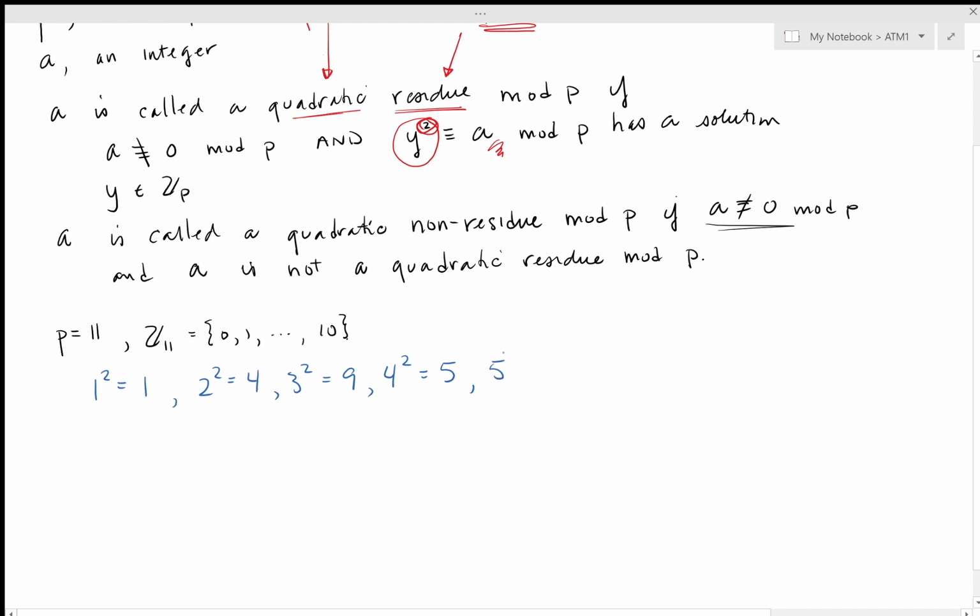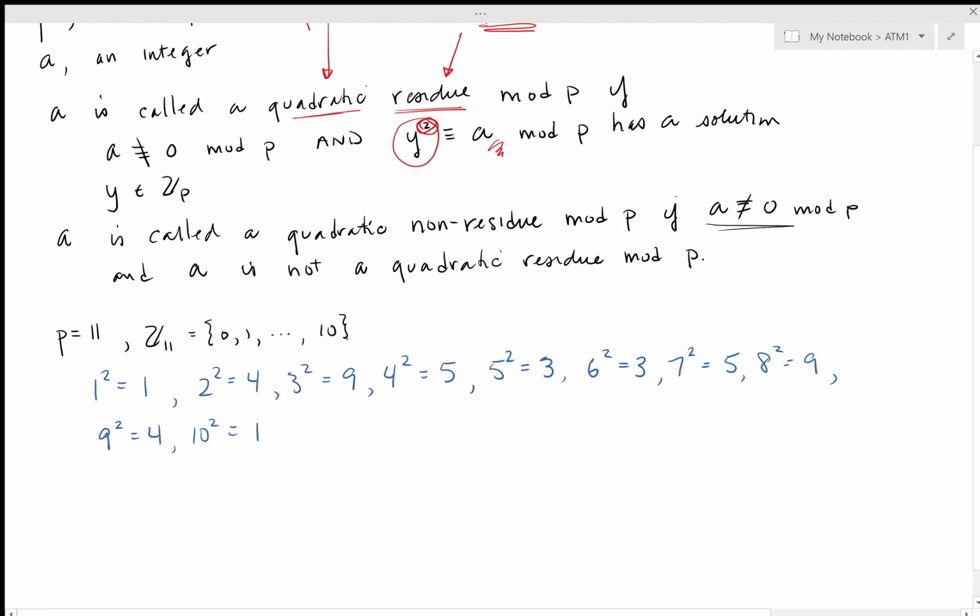And then I will square 5. 5 squared is 25. 25 mod 11 is, you subtract 22, 25 minus 22, you get 3. Okay, 6 squared, 36, mod 11, 3. 7 squared, 49, mod 11 is 5. 8 squared, mod 11 is 9. 9 squared, mod 11 is 4, and 10 squared mod 11 is 1.